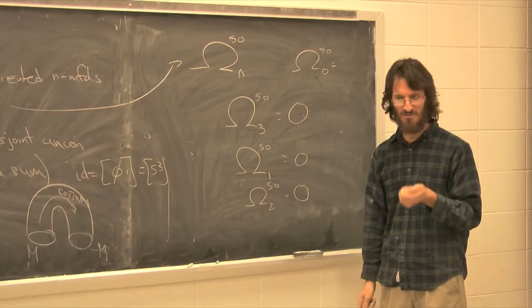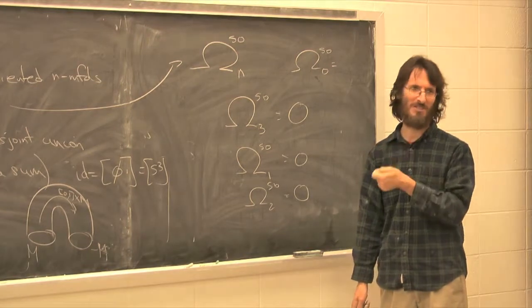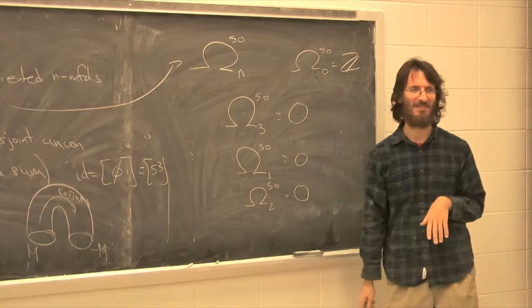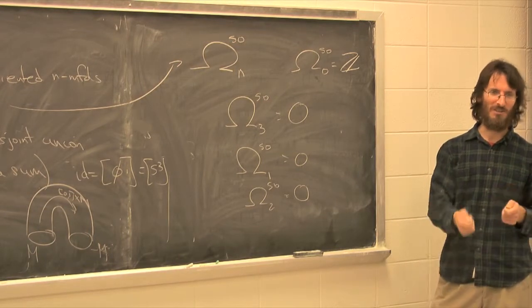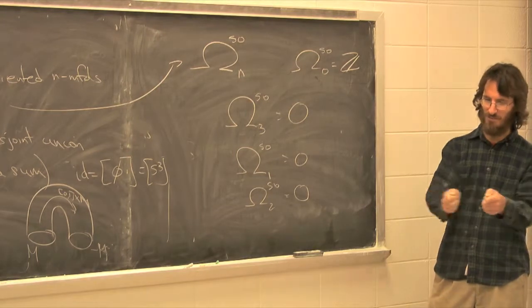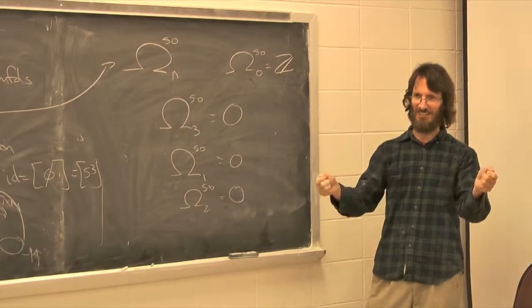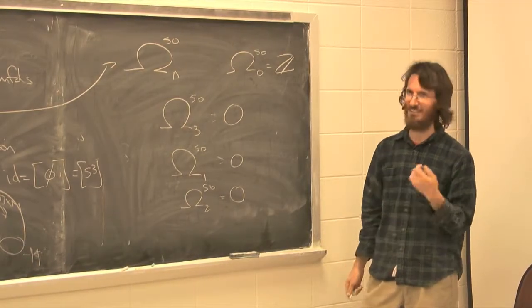Oriented zero manifolds are points with pluses or minuses. Actually, this is Z. It's Z2 if you don't care about orientations, but it's Z because if you have a bunch of points with pluses and minuses, you can't change the sum of the pluses and minuses.